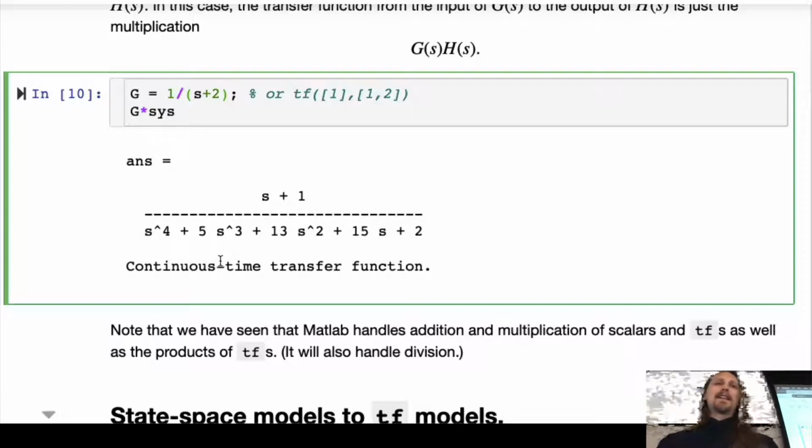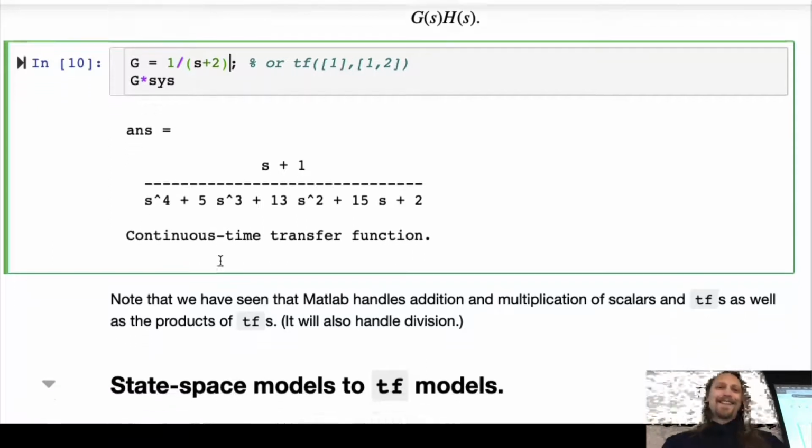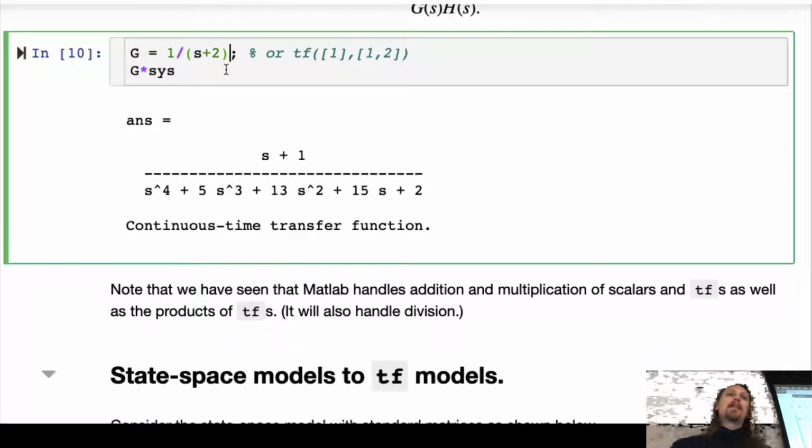Exactly, it's because they add. If you want to think of it in terms of the transfer function, you're multiplying a polynomial of order n by a polynomial of order m, and that gives you a polynomial of order n plus m. Okay, so that's great.